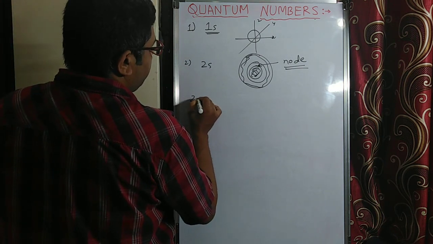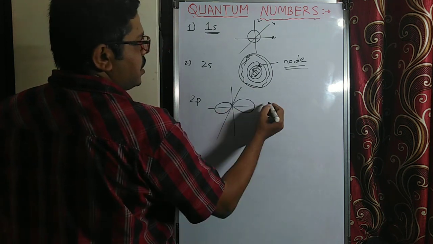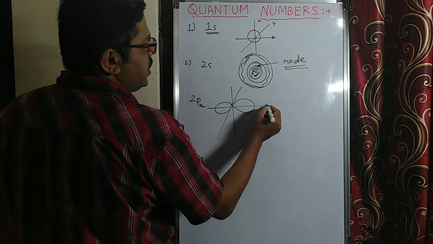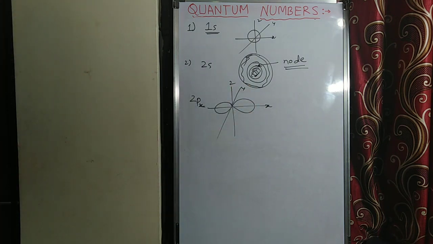Then, 2p is very simple. For 2px, along the x-axis, y-axis, z-axis, you can see along the x-axis the dumbbell shape is there, hence it is px.